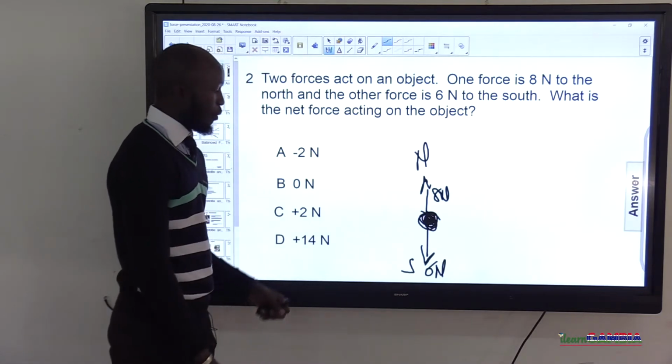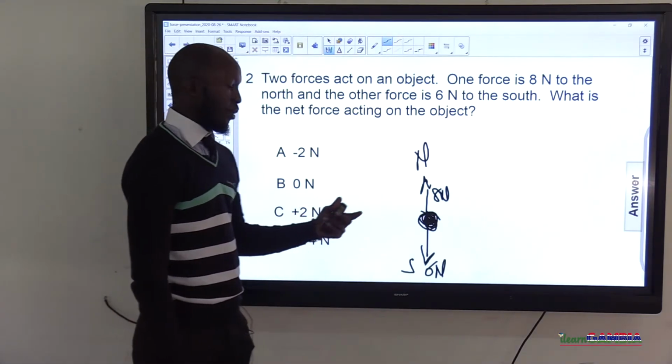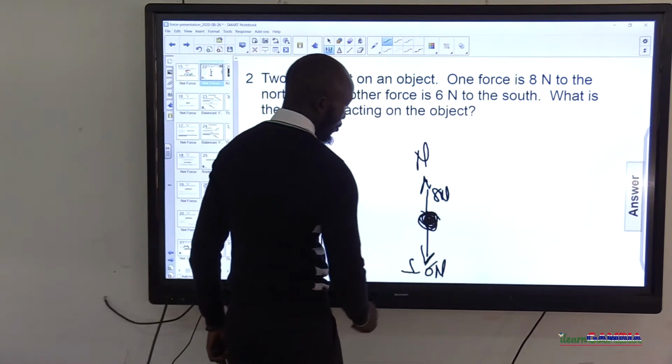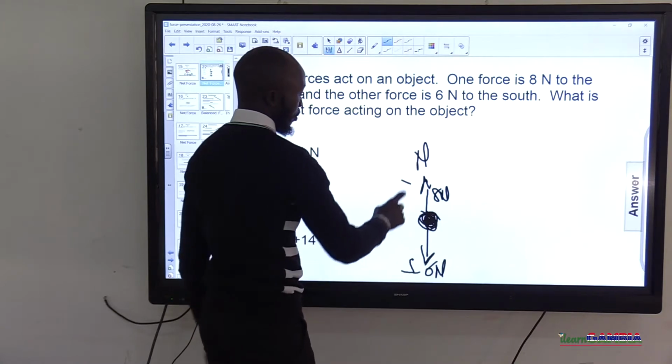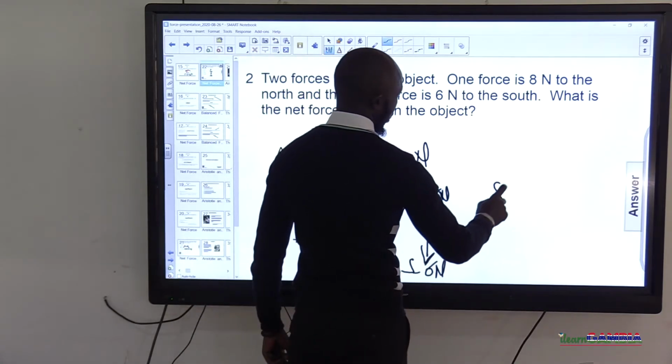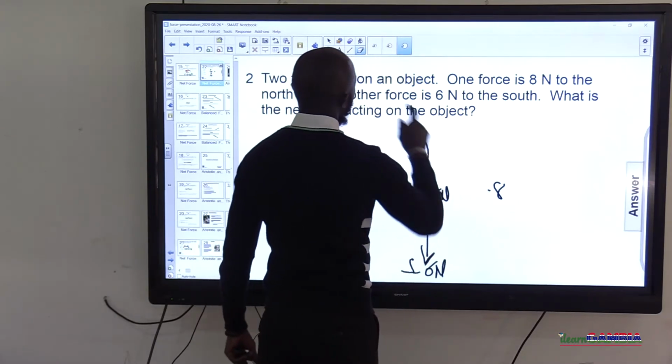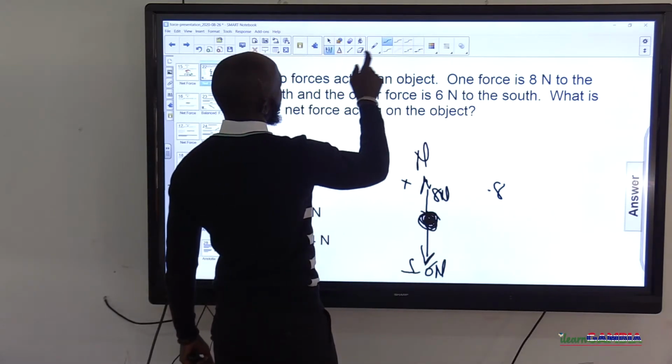According to our sign convention, south is negative and north is positive. So what you do is you say plus 8, or you can just say 8, it doesn't matter.